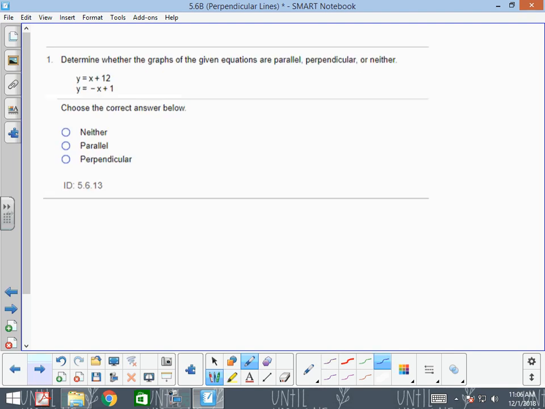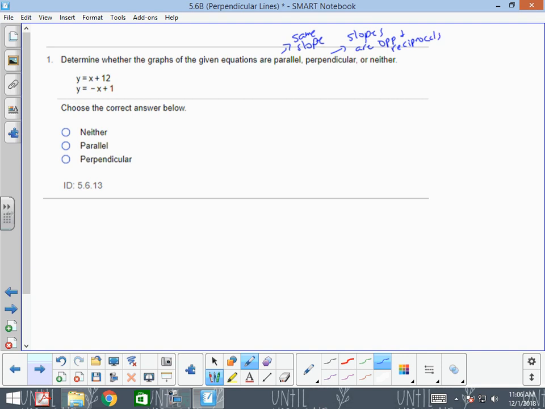We have 6 examples. First example, we're looking at two lines and trying to determine if they are parallel, perpendicular, or neither. If they are parallel, they have the same slope. If they are perpendicular, their slopes are opposite, meaning different signs, and reciprocals.